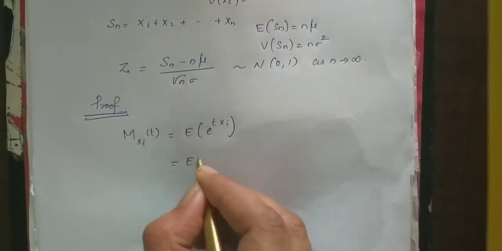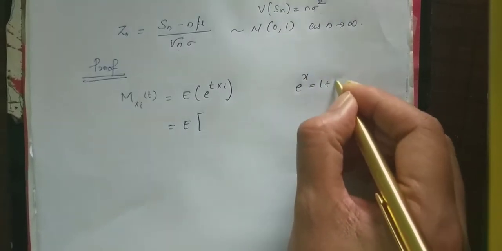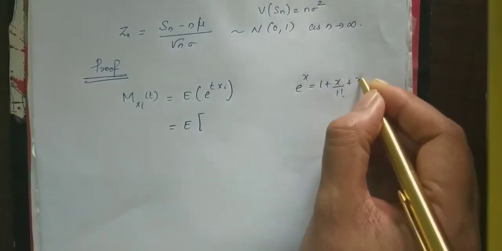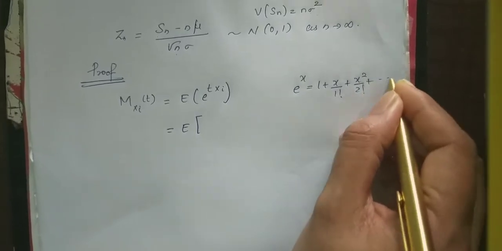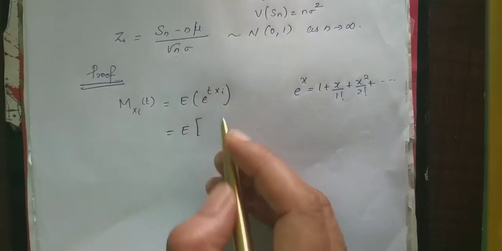Then we have studied that e raised to x is 1 plus x by 1 factorial plus x squared by 2 factorial plus etc. We can write e raised to x like this. If we substitute here, what will we get?